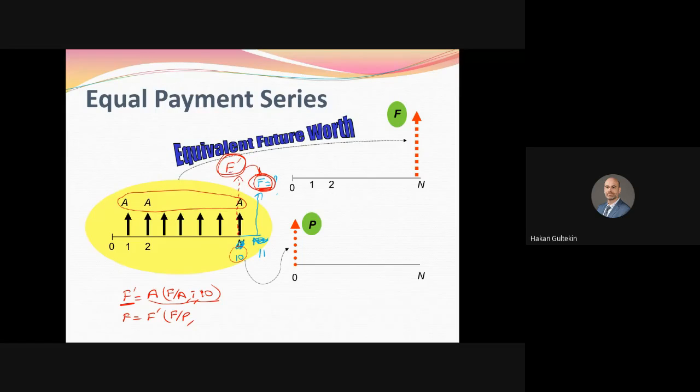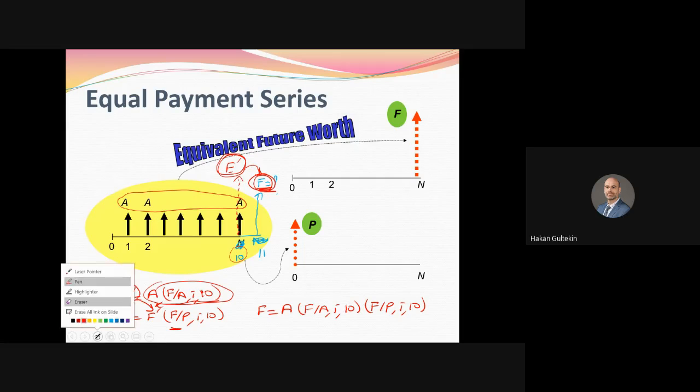It's present, this is future. That's why I wrote F given P, I, and 10. So simply, if I combine this F prime into this formula, I can say that this F is equal to A times F given A, I, and 10 multiplied by F given P, I, and 10. Sorry, this last one is not 10. I am just moving it only one period ahead. Okay, so this will be 1.